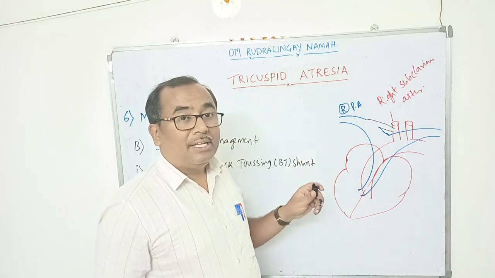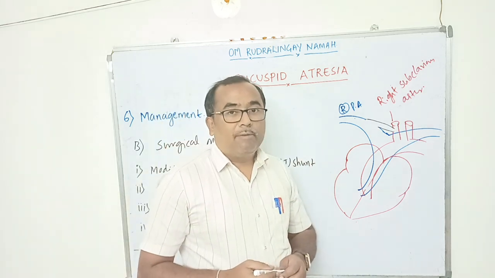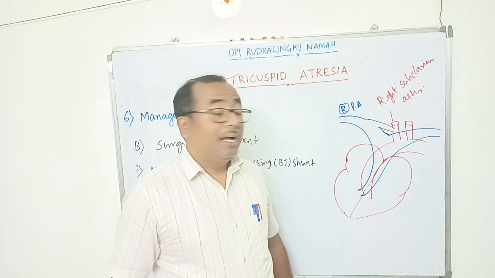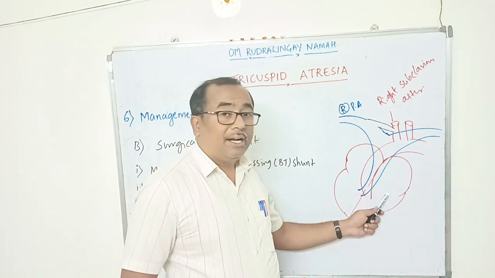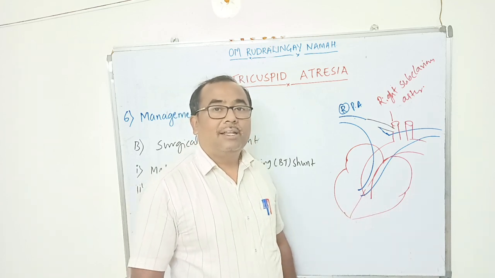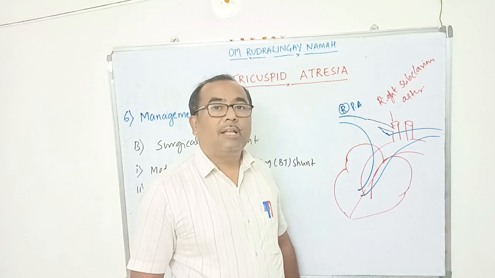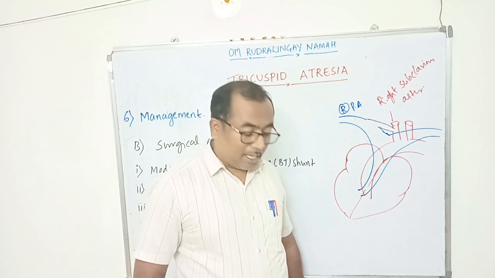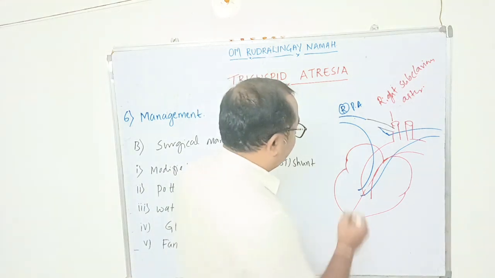So there is more and more pulmonary blood flow, increased oxygenation of blood, and increased oxygenated blood comes to the left side of the heart. On contraction, there is increased oxygen supply to the peripheral tissue, thereby the severity of cyanosis can be reduced.